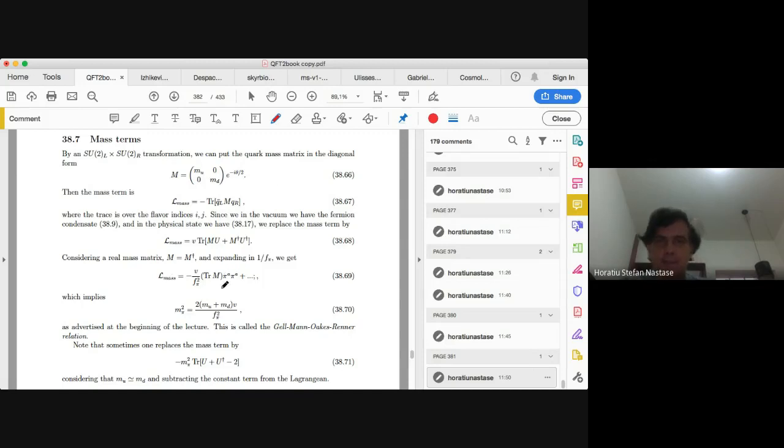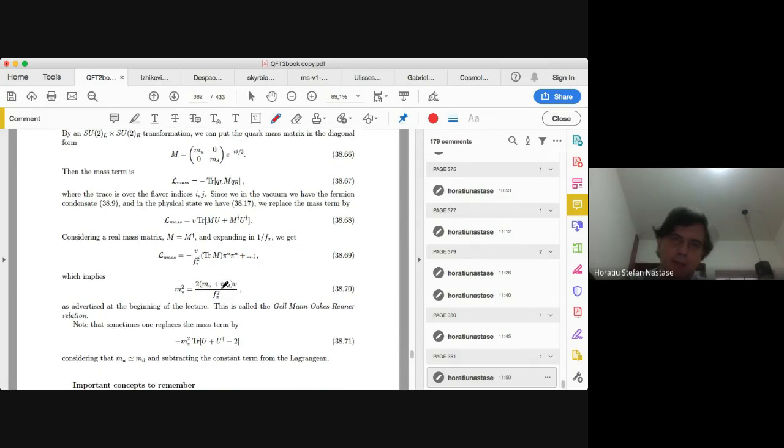Then I can expand in 1 over f_pi the mass matrix, because U, remember, is the exponent of i π^a τ^a over f_pi.